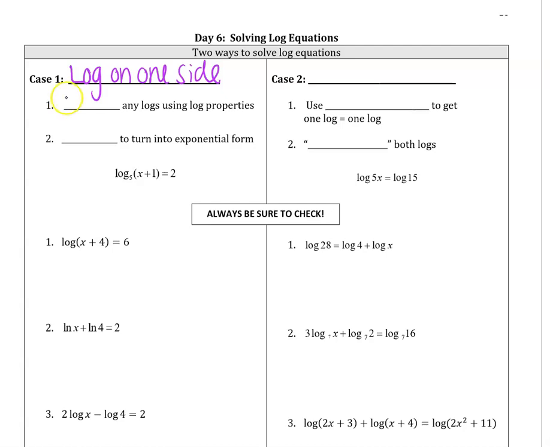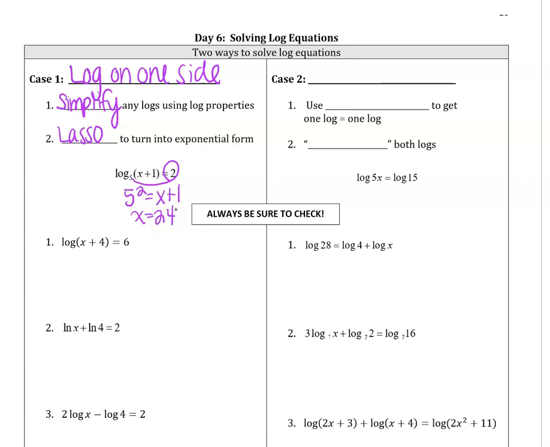What we will do is simplify any logs using our log properties, and we will lasso the log to turn it into an exponential form. So the idea is you simplify one side of the equation so it's a single log equal to a numerical value, and then I can rewrite it as 5 squared equals x plus 1, and from there we can easily tell that x would equal 24.